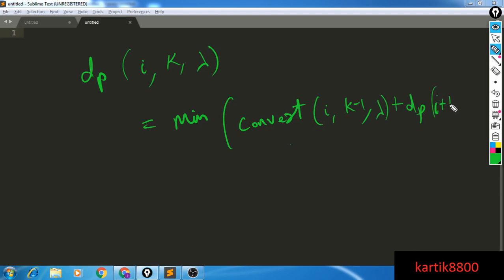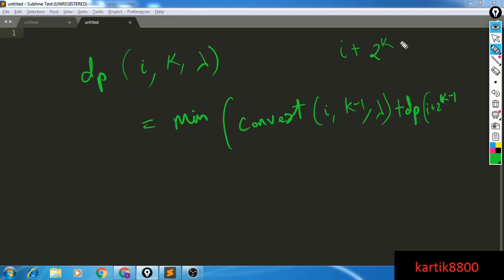the minimum cost to make the string that starts at index i plus 2 power k minus 1. This is where the second half starts, because overall the string we are looking at is of size 2 power k, and the first half is of size 2 power k minus 1.